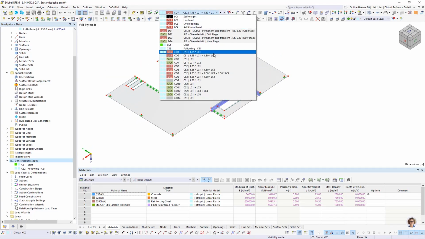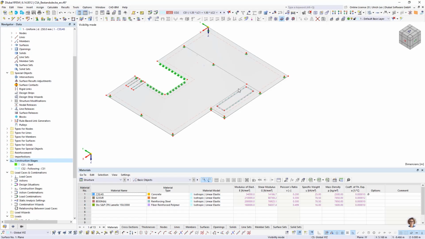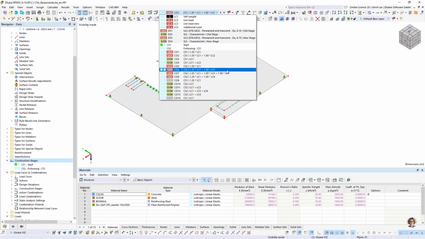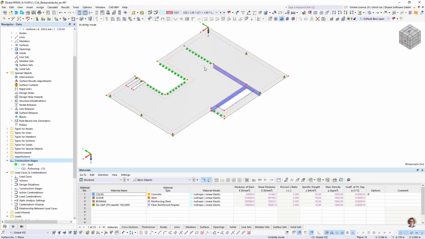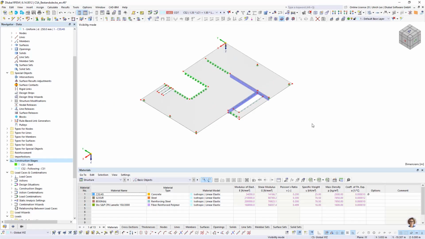When I switch to maybe combination 2, I see that my nodal supports are acting. And for combination 7, the line support and the members are acting.